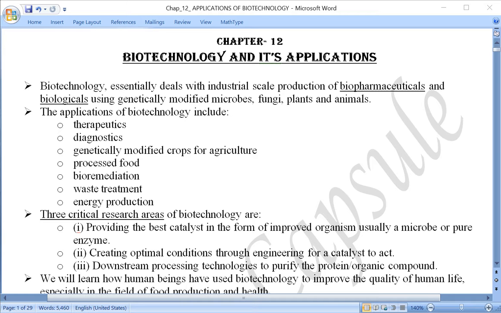And for the large scale production, bioreactors are utilized where different conditions which are necessary for the growth and multiplication, also the production of a particular protein, are provided. So all the optimum conditions are made available for the particular organism to grow and then produce a kind of product.